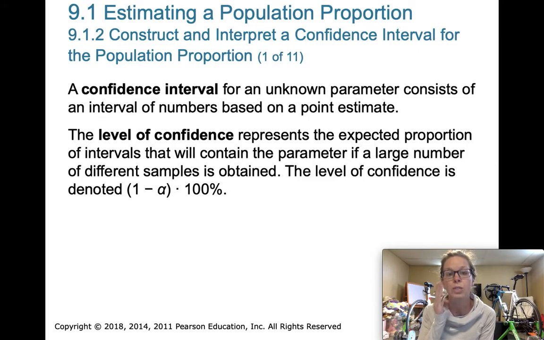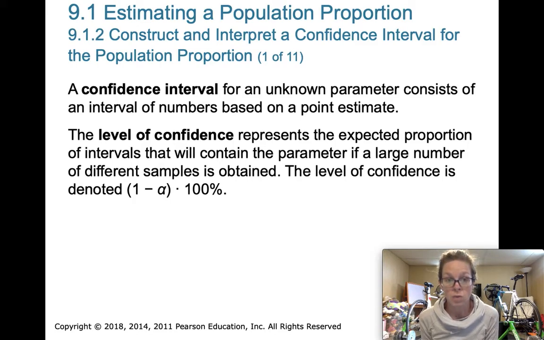And so what we're going to do is create what's called a confidence interval. A confidence interval takes that point estimate and it gives it a little bit of error. So a confidence interval for that unknown parameter consists of an interval of numbers. The point estimate is going to be right in the middle, and then we're going to widen out and say, but it's probably between here and here.